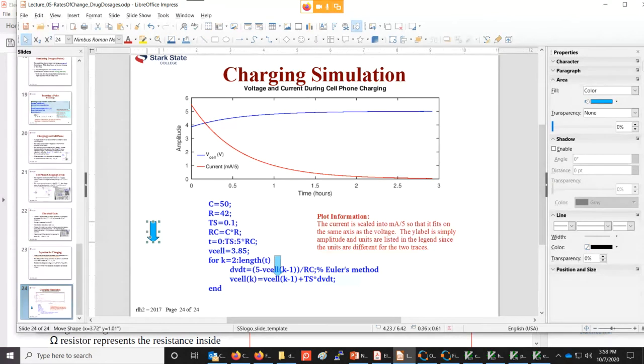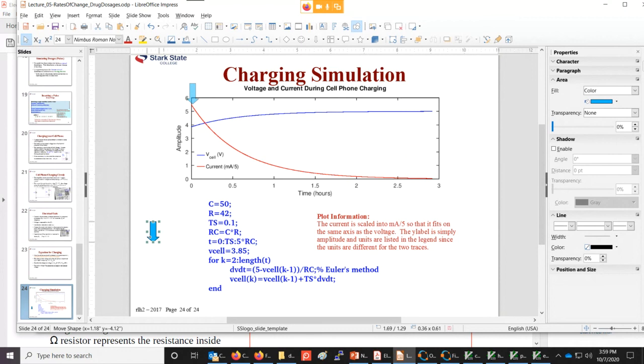Well, the next voltage is the current voltage plus the time step times that change, and that's going to integrate it. So the blue line here is showing us the charge. Remember that it started out at 3.85 volts, and then we charged it up to 5 volts, and it took a little over 3 hours with the given numbers that we used for this simulation.